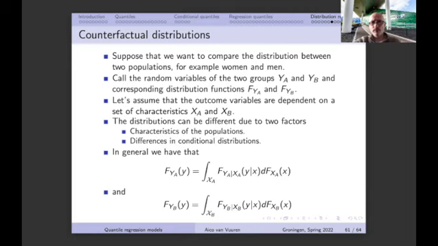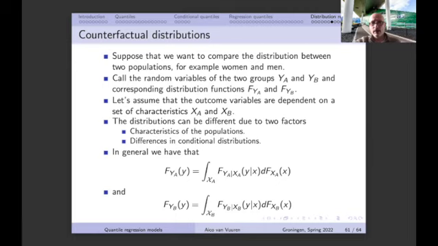First of all, the distribution functions between ya and yb could be different from each other because of the fact that there could be differences in the characteristics of the populations. It could be possible that the distribution of xa is different from that of xb.